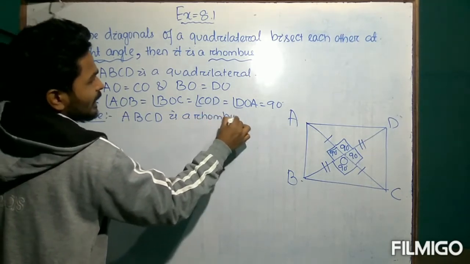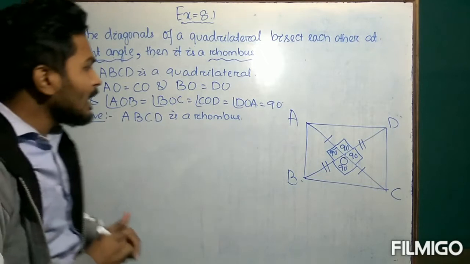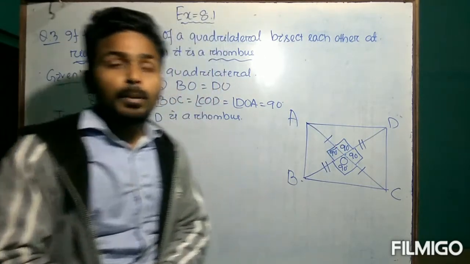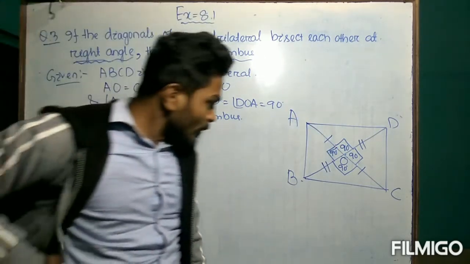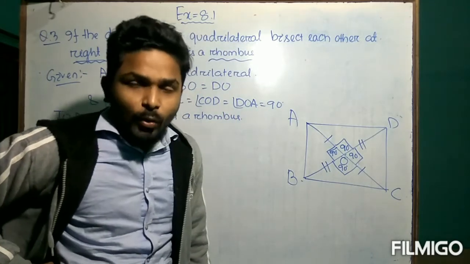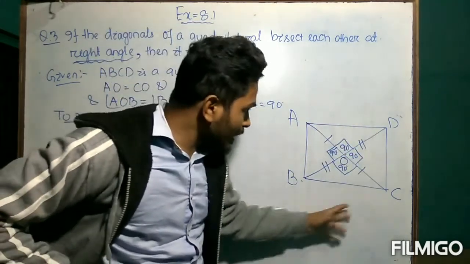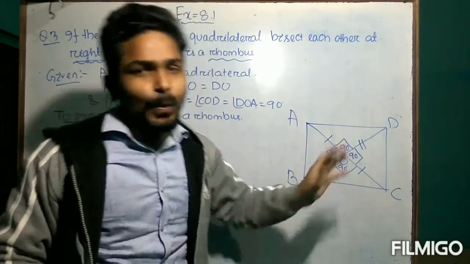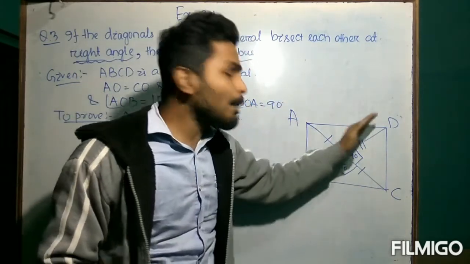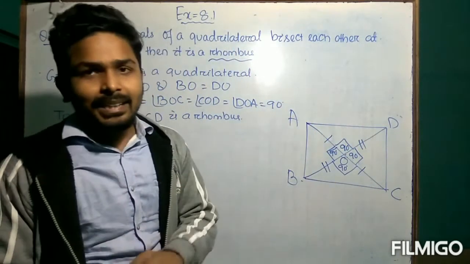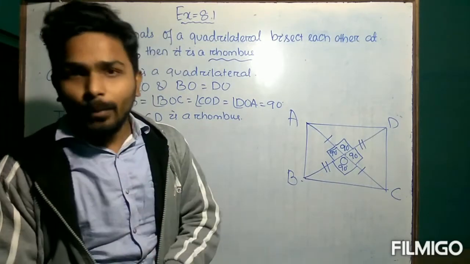So how can we prove it? In order to prove it, we have to remember the properties of a rhombus. According to a property of a rhombus, we know if in a quadrilateral all four sides are equal and the two diagonals bisect each other at right angle, then it will be a rhombus.